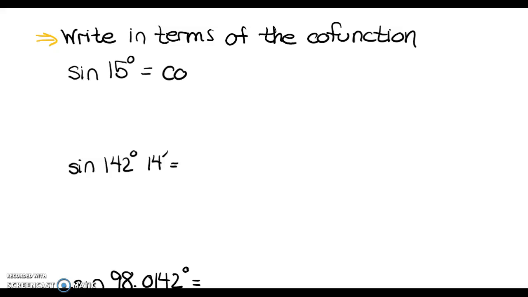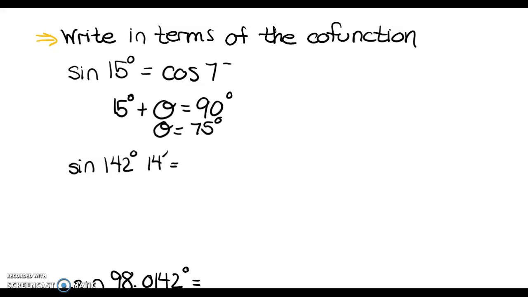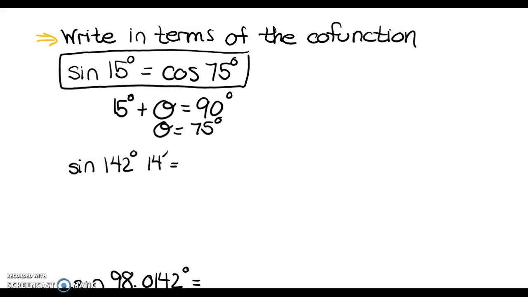I know that the cofunction for sine is cosine. So 15 degrees plus some angle equals 90 degrees. Okay, so what is theta going to be? Theta is going to be 75 degrees. So I know that these two functions are equivalent according to my cofunction identities.